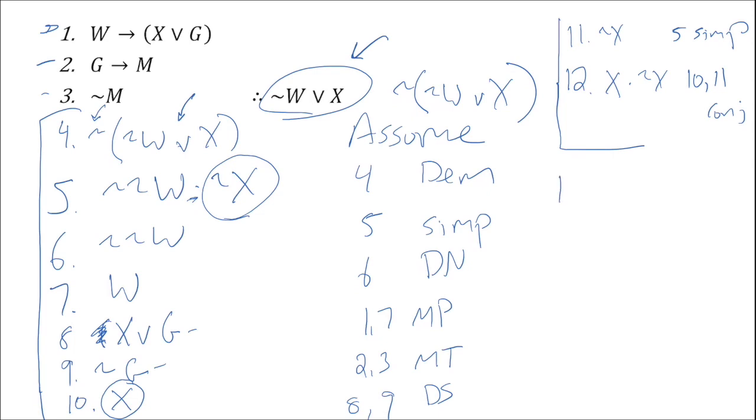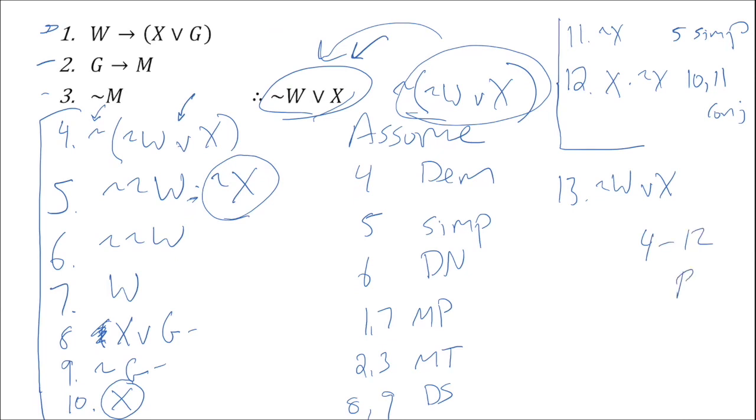And now we can close out the proof. 13 is on the assumption that this is true. We've derived a contradiction. So in fact, this must be true. We have proven tilde W v X from 4 through 12 are AA.